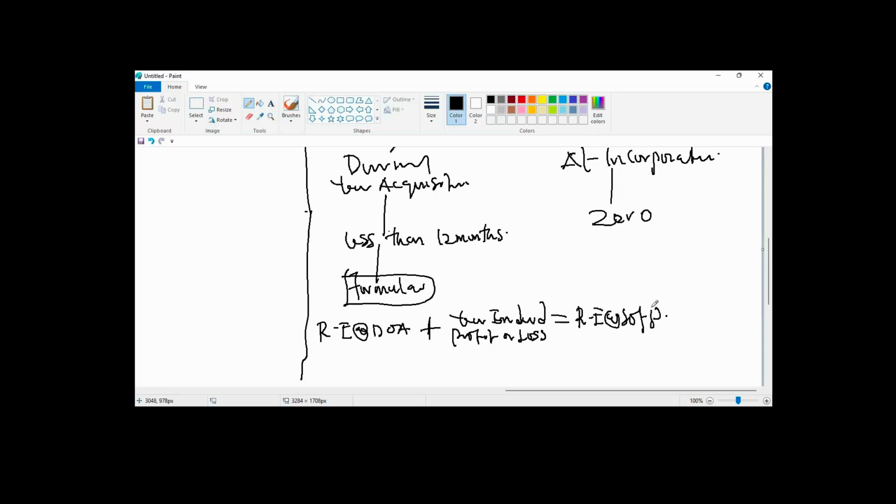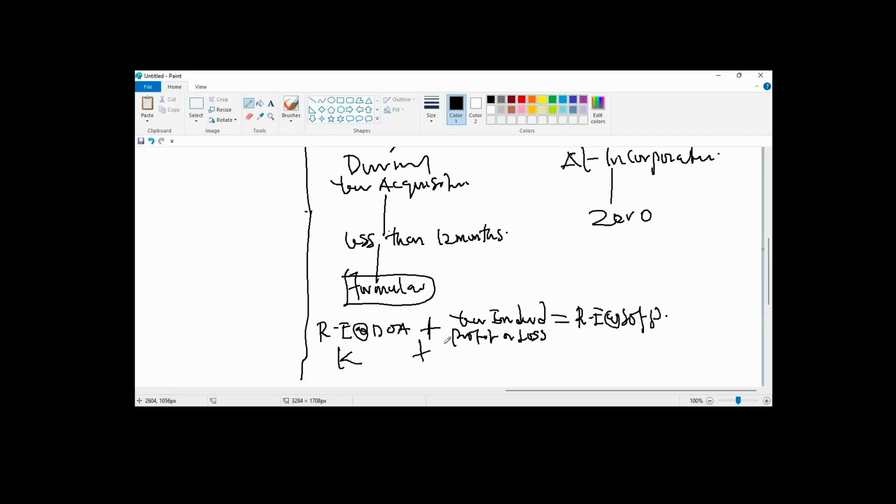That's all. The retained earnings at the date of acquisition, I don't know. They will not give me because it is during the year. I will assume, let it be K. Kasim is my name, I will use my name.